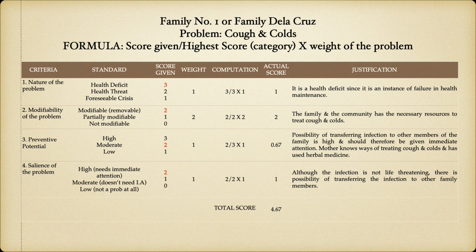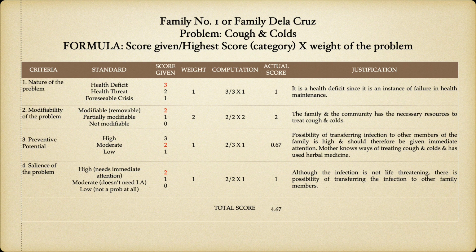Okay. So we have here an example for our problem prioritization. So this is the family number 1 or the De La Cruz family. So one of their problems noted was cough and cold. So we will compute its priority score.